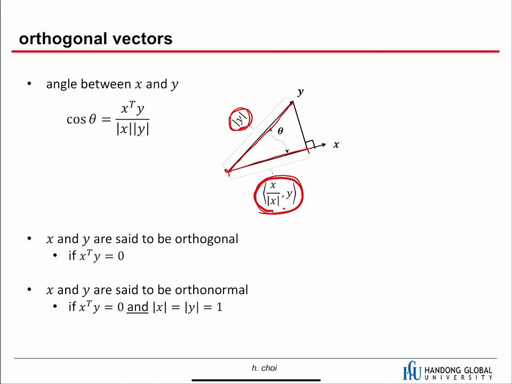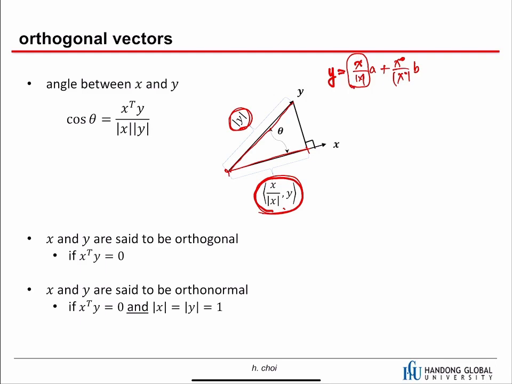Okay, so let's say y can be decomposed into two vectors. Let's assume that x and y are in the two-dimensional space. Then y can be decomposed into two components, like this. So this one is actually a unit vector in the same direction as x, right?